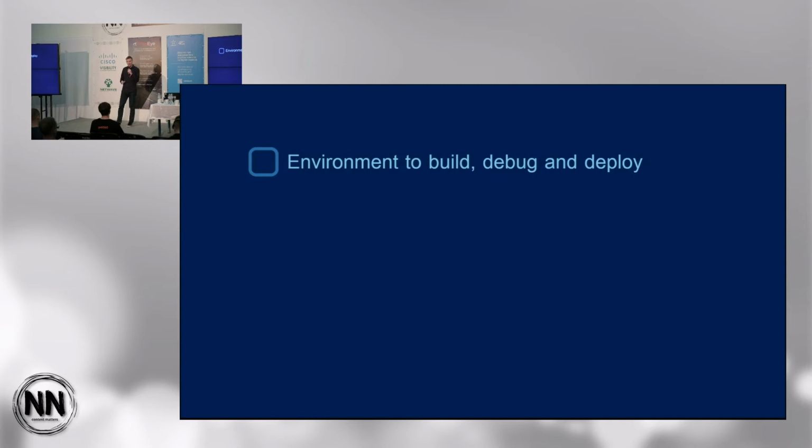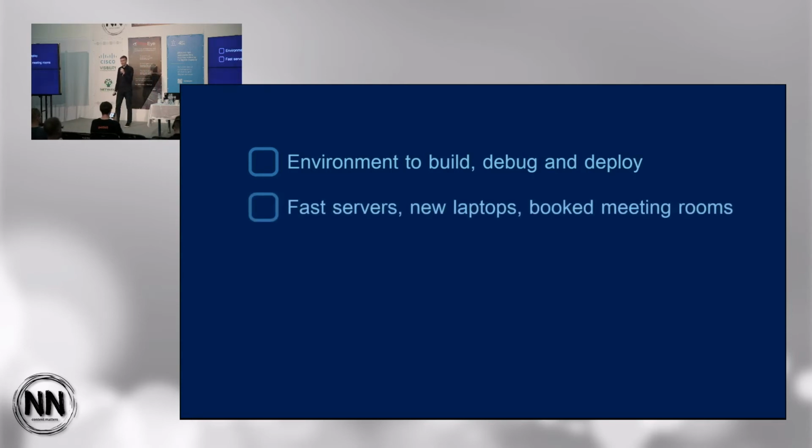And usually it takes some time to set up, and it's not a trivial task. And if they can do it beforehand, it will save you lots of time. Another thing is to make sure they give you fast servers, fast laptops, and book all the meeting rooms.